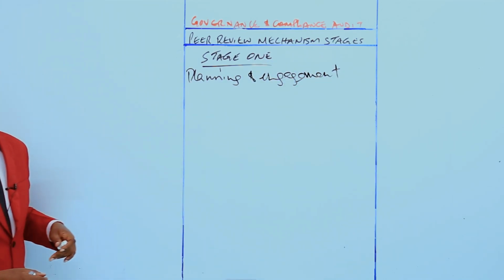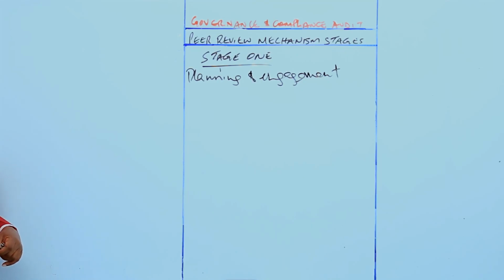Planning and engagement is the first stage, which may involve selection and appointment of the reviewer.